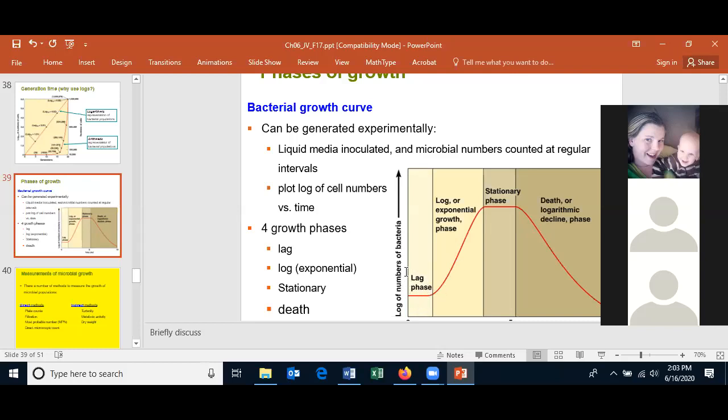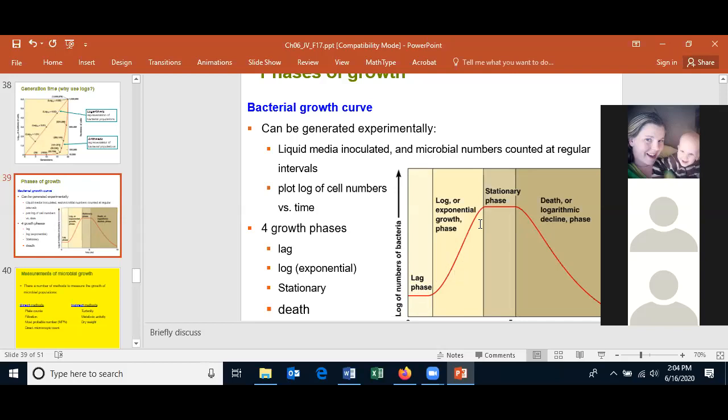They're making the enzymes they need, and then they start growing in the log phase, or the exponential growth phase. They grow exponentially because there are initially lots of nutrients around, there are few cells, and there's lots of space.